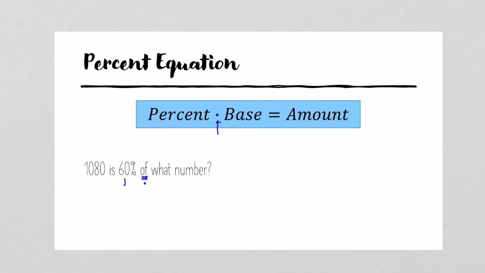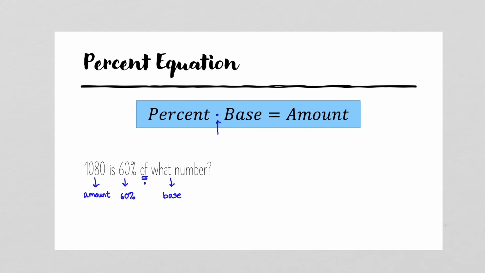I'm taking 60% of my base. So for this particular problem, 60% becomes my percent. My base is unknown, right? Because you always take the percent of the base. So my base is unknown. And the amount is the result. And so for my problem, 1,080 becomes my amount in my percent equation.